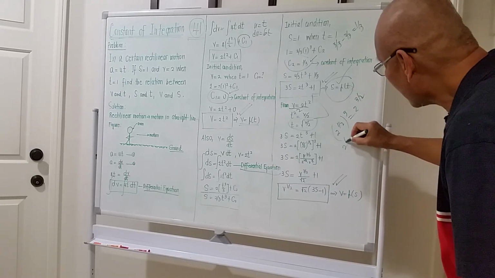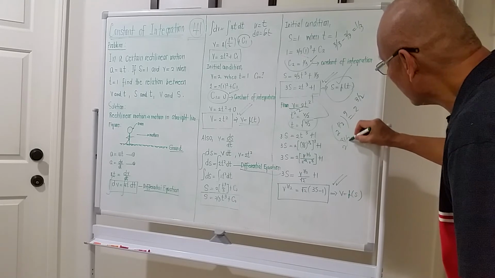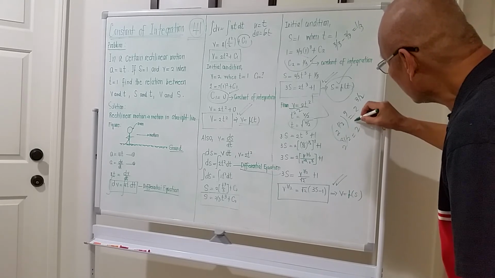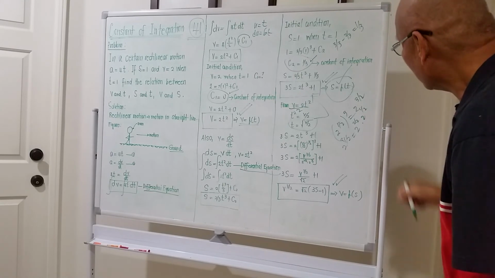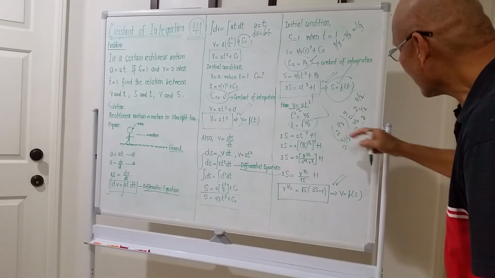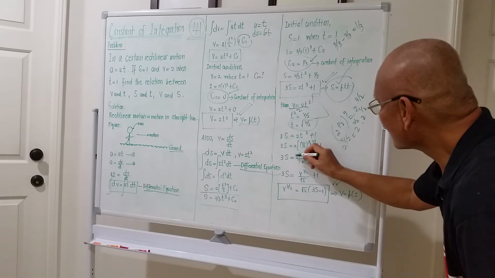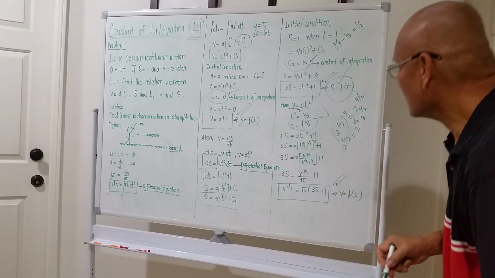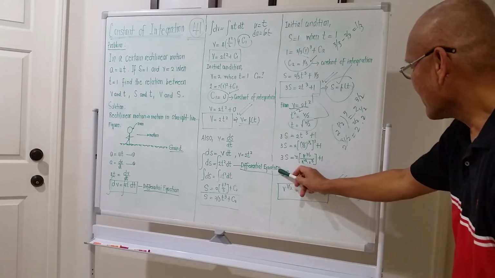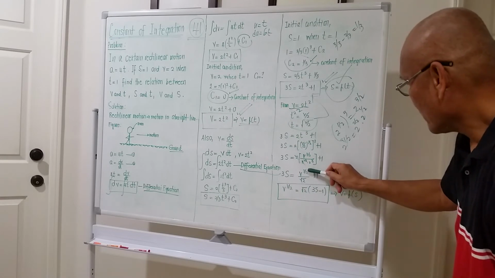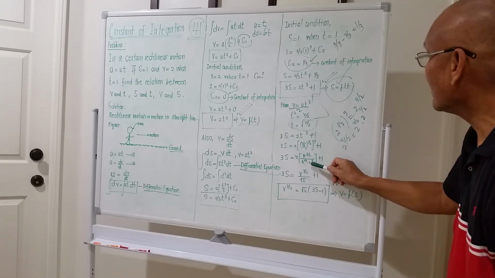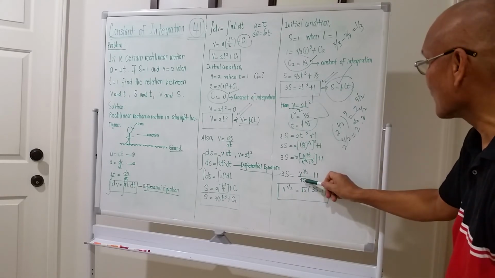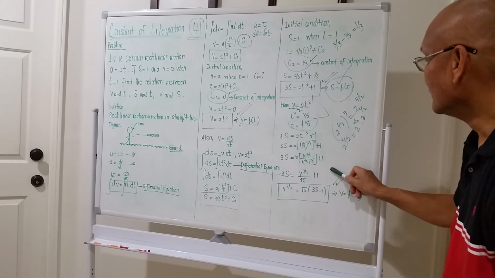And 2 to the 3/2 is equal to 2 raised to the 2/2 times 2 raised to the 1/2. 2/2 plus 1/2 is 3/2. So actually these two cancel. So what will come out will be 3s equals v to the 3/2. What remains on the denominator will be 2 to the 1/2, or just simply square root of 2, plus 1.